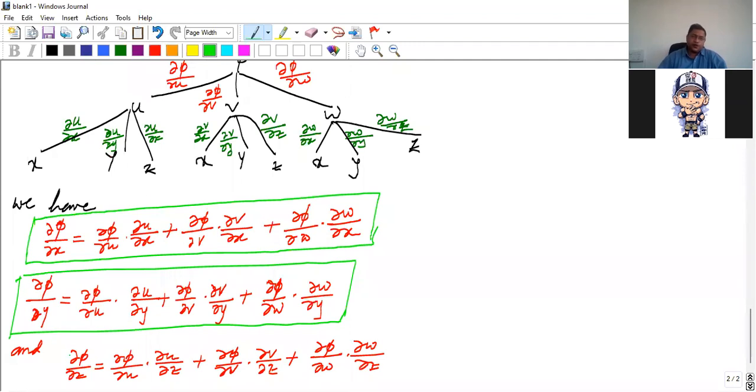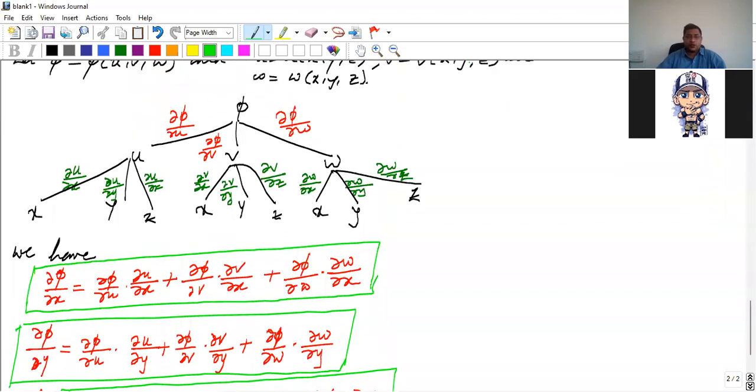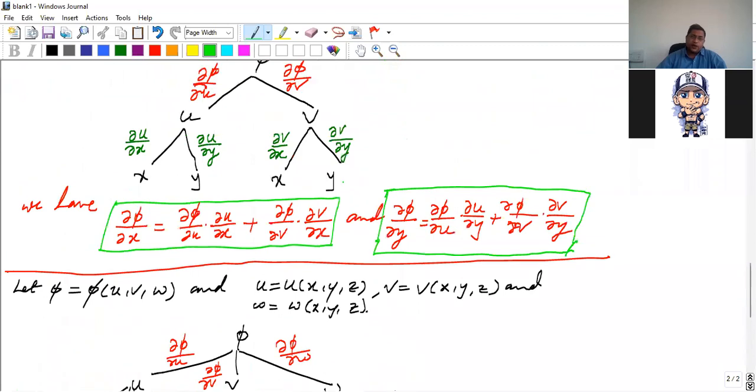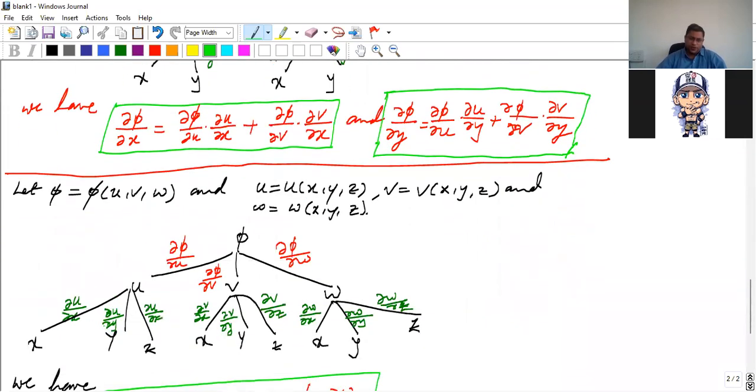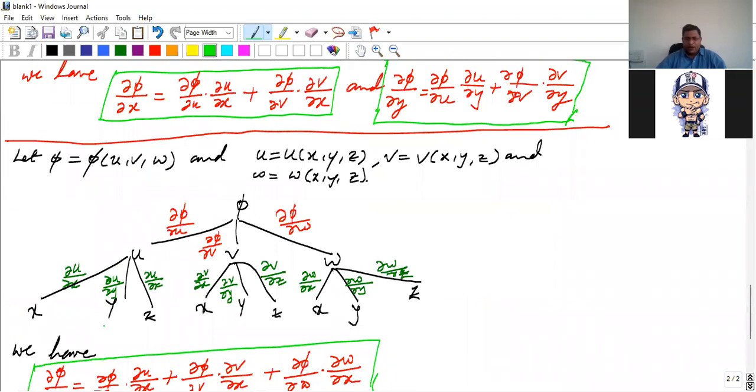And so this way we are able to get the formulae by knowing the variable tree and using the chain rule. Here we have more than one variable, so that's why we have to use partial derivatives.